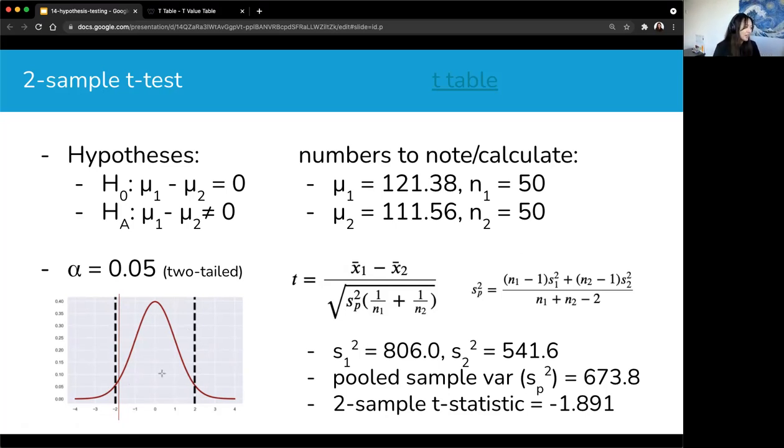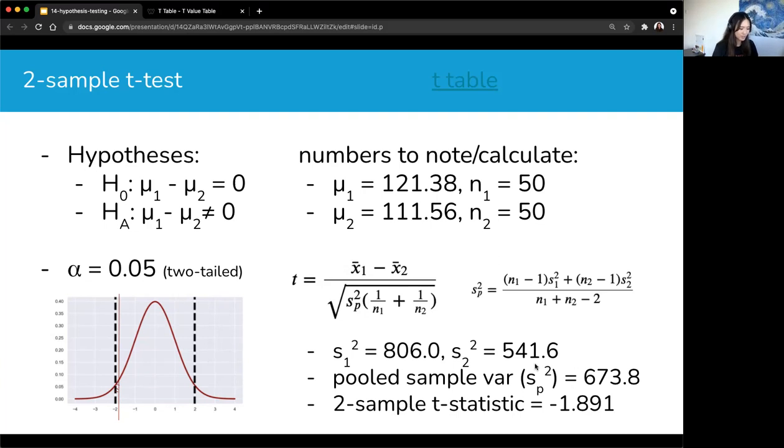So this effect of negative 9.81 was basically not big enough to be statistically significant. Yes, it did miss it by a little bit, but we set these alpha values to have strict thresholds. So based on this, we cannot reject the null hypothesis.